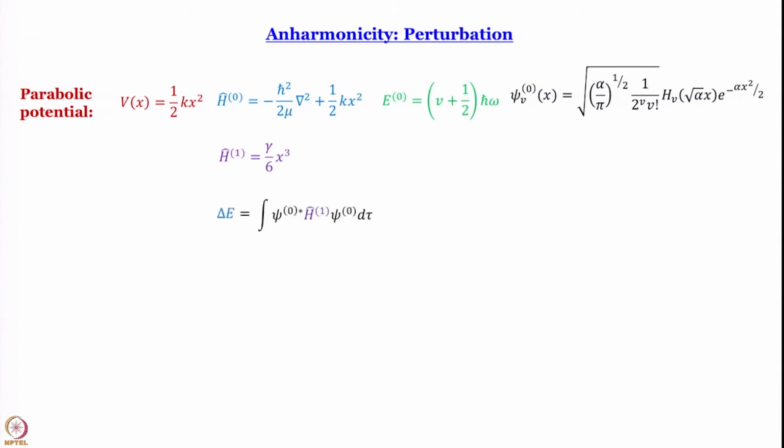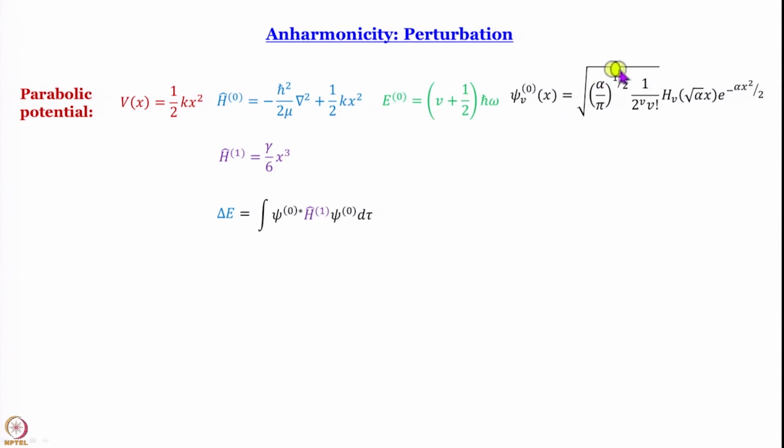Now, let us write the expression for delta E. We know what it is going to be, integral psi 0 star, in this case psi 0 star and psi 0 are the same, multiplied by this first order correction of Hamiltonian operating on the 0th order wave function, integrated over all space. So, let us write one by one. What will I get? First of all, what will come out of the integral sign?